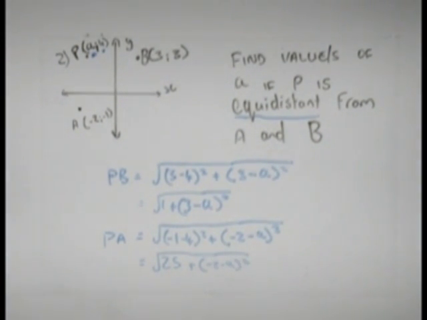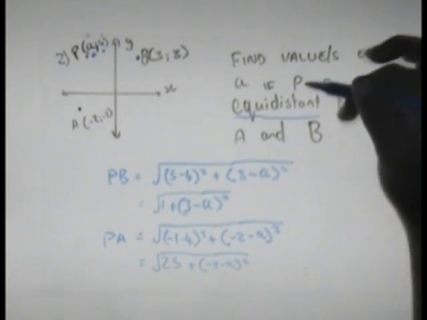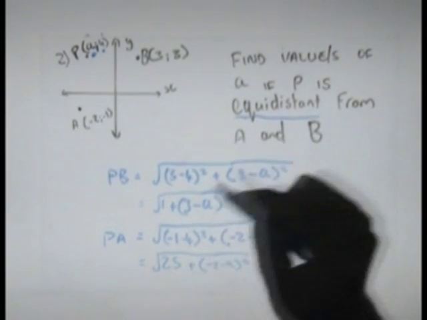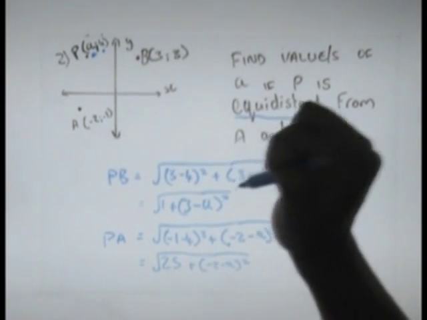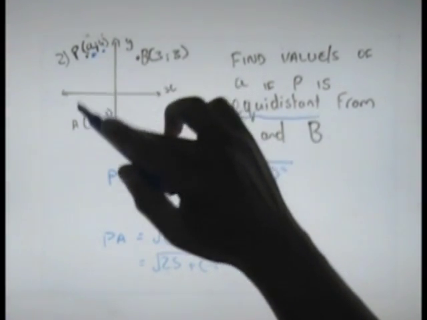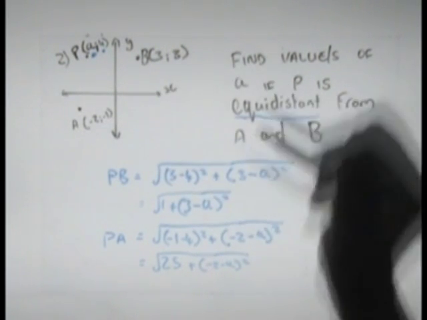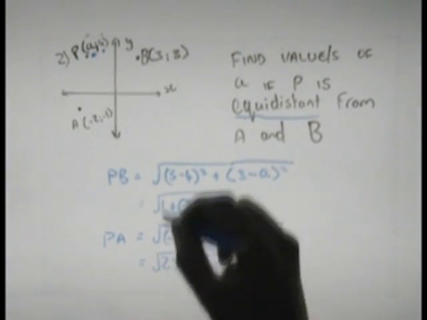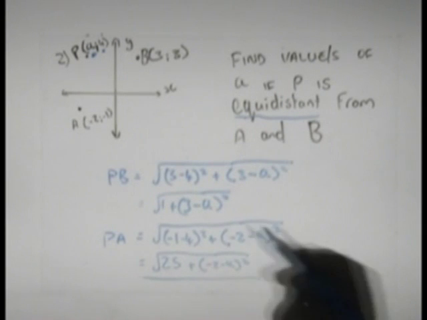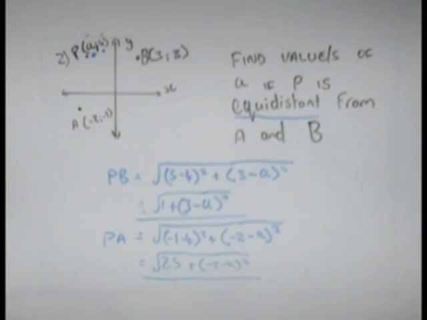Leave it at that. Now we are told that P is equidistant from A and from B. That means that PA is equal to PB. Now we know that PA is that, and we know that PB is equal to that.